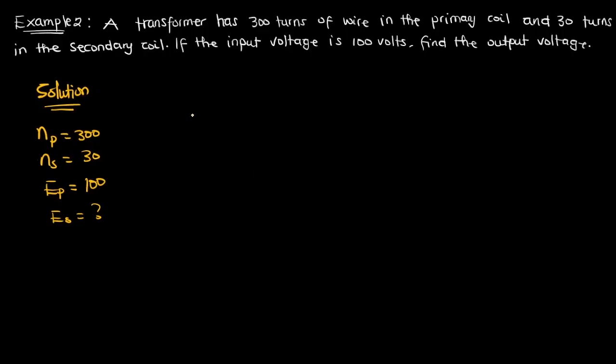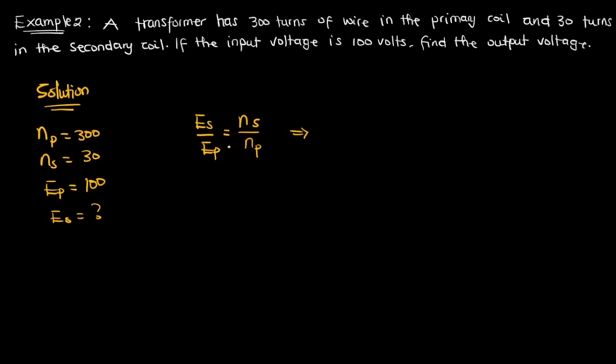Just like we did before, we have our secondary EMF over primary EMF equal to the number of turns in the secondary over the number of turns in the primary.